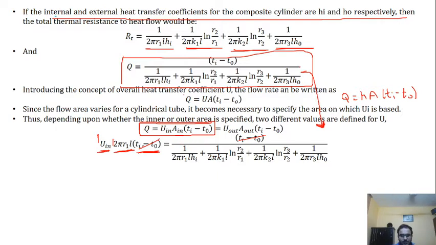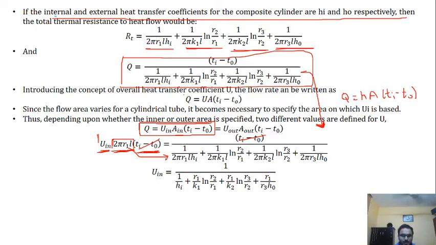Ti minus To will get cancelled out here, and this will be taken here. So by that we will be getting this formula. Once you take this 2 pi R1 L in the denominator of the right hand side, by a few mathematical eliminations, you will finally obtain this equation, that is the overall heat transfer coefficient based on the inner area.